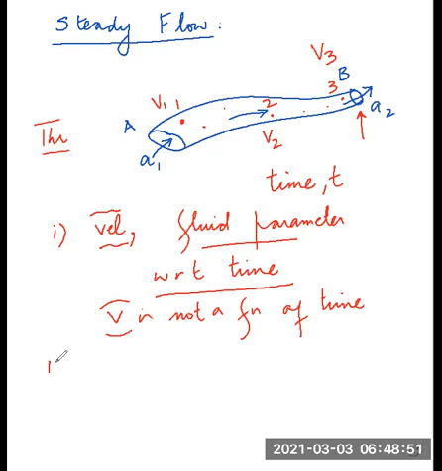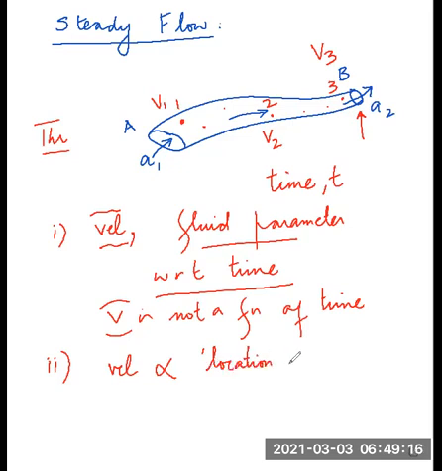So second thing, what we have observed is at different locations, the velocity is different. All right, that means the velocity is a function of coordinates, or you can say location.